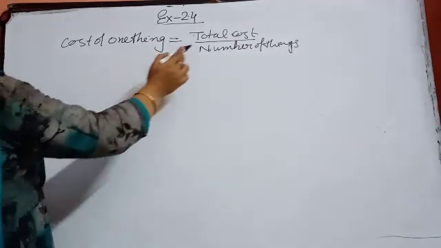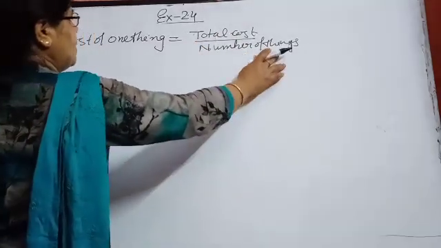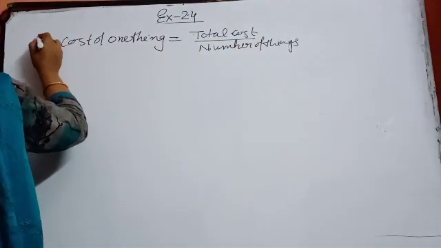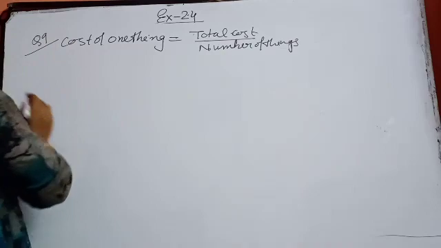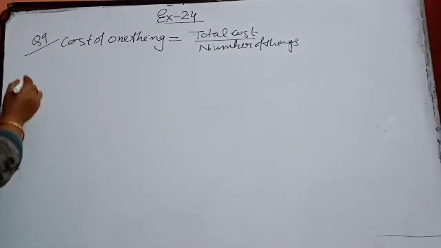Here you can see that the total cost is given, and the number of things is 35 cameras. So you can do this question yourself. That is question number 9. Now see question number 10.